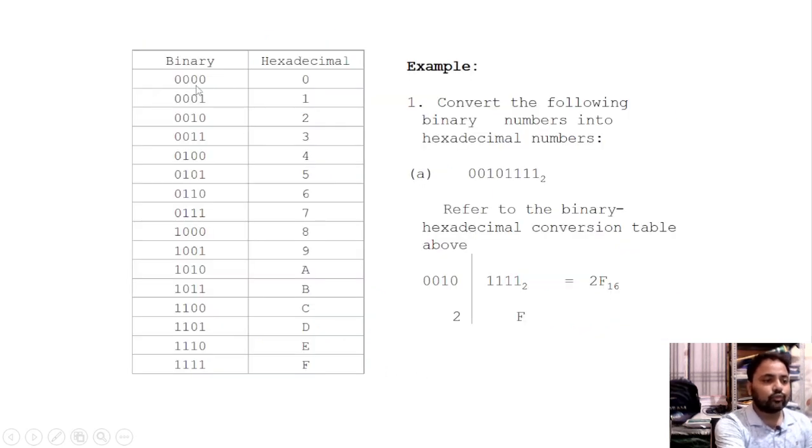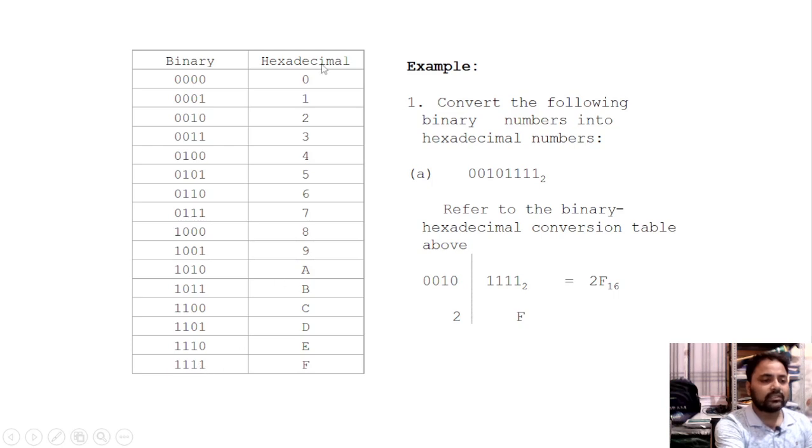In binary: 0000, 0001, 0010, 0011, 0100, 0101, 0110, 0111, 1000, 1001, 1010, 1011, 1100, 1101, 1110 and 1111.